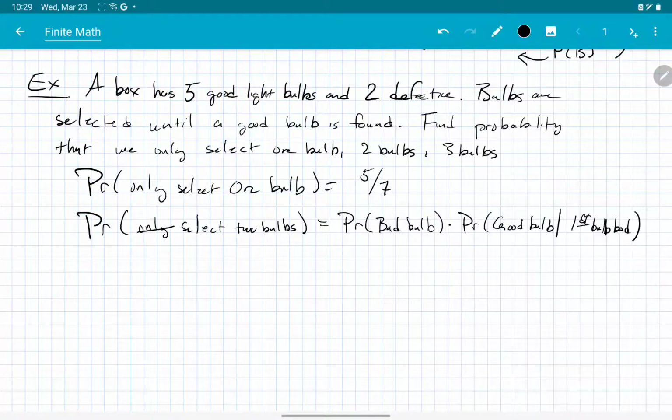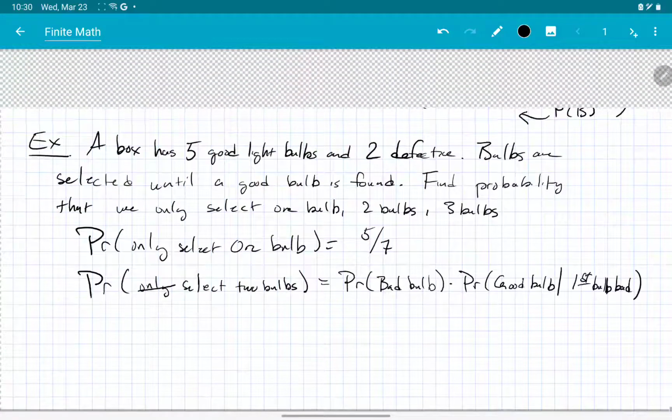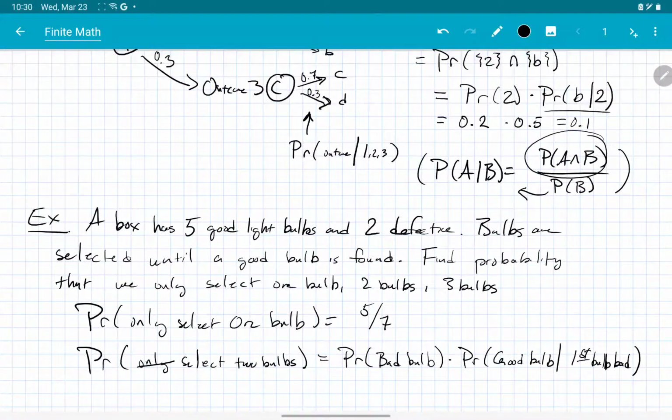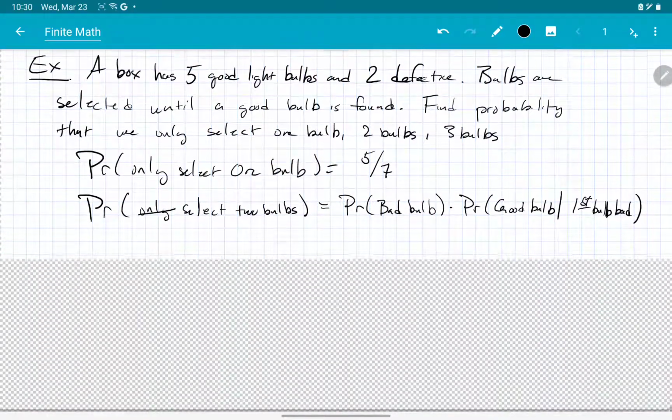Because selecting 2 bulbs means I selected a bad bulb first, then a good bulb second. So that's the probability of 2 events together, an intersection, and you can calculate the probability of the intersection of two events by having the probability of one and then multiplying it by the probability of the next one conditioned on the first one. That's what we did on the previous problem as well. That was this part right here.